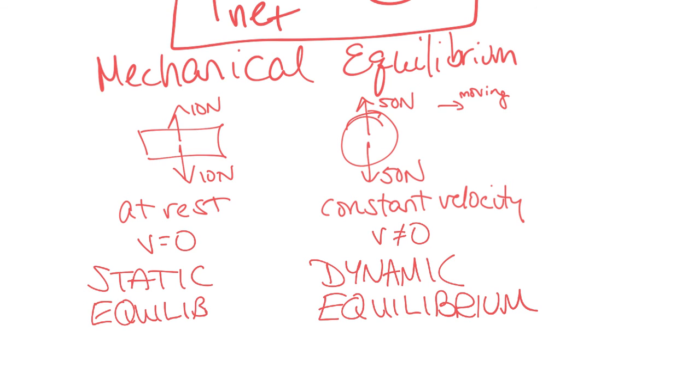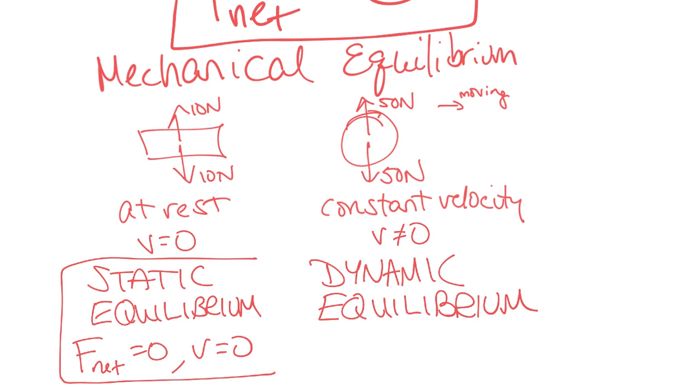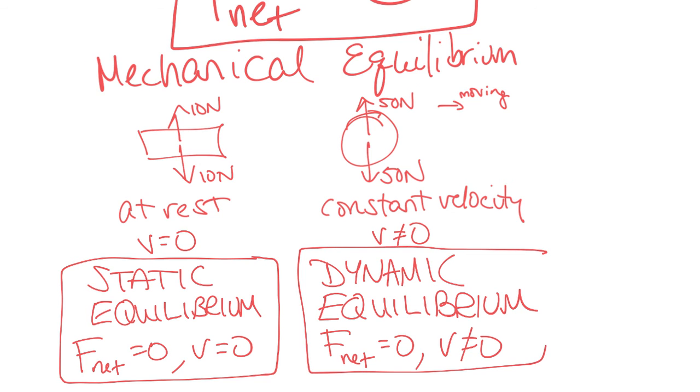So static equilibrium is where F net is 0 and v is 0. Dynamic equilibrium is where F net is 0, but the velocity is not 0.